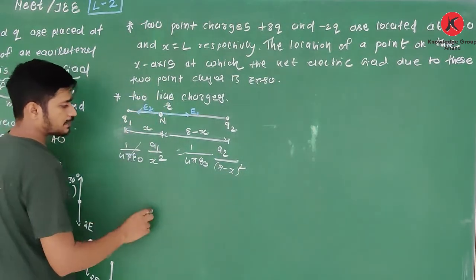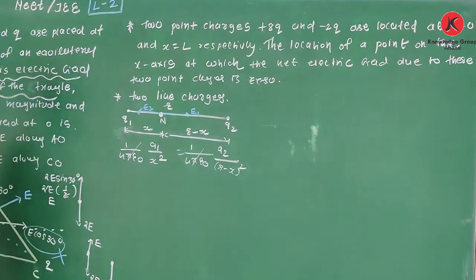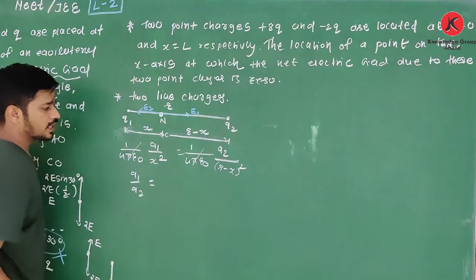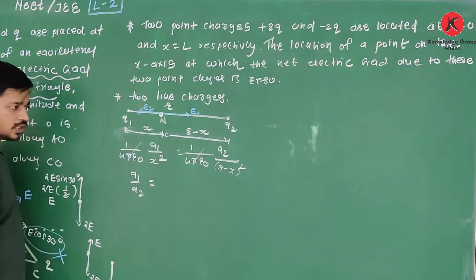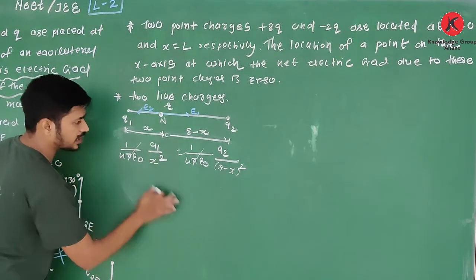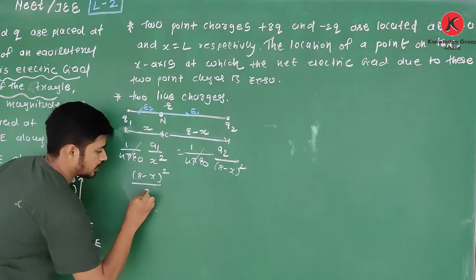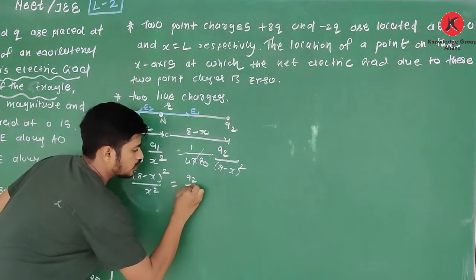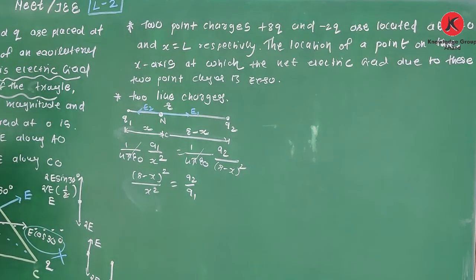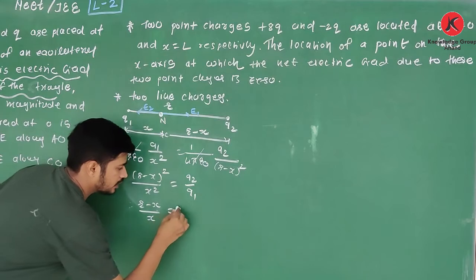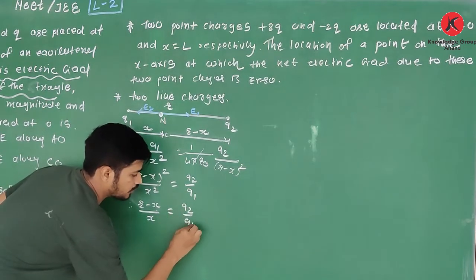1 upon 4 pi epsilon 0 cancels. So (R minus x) whole square upon x square is equal to Q2 upon Q1. Therefore (R minus x) upon x is equal to the square root of Q2 upon Q1.